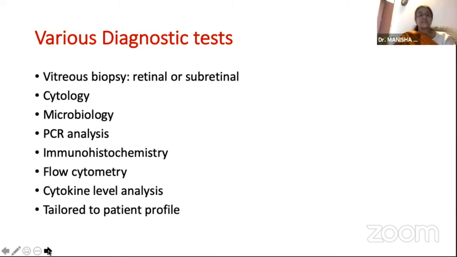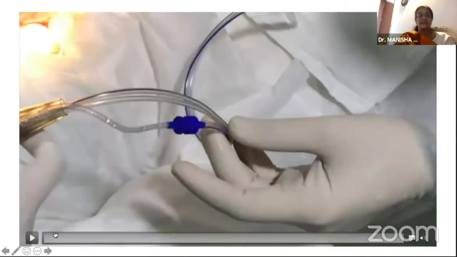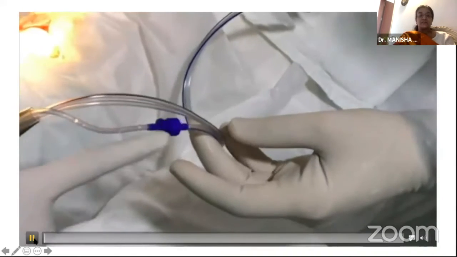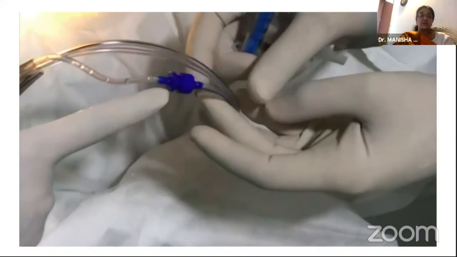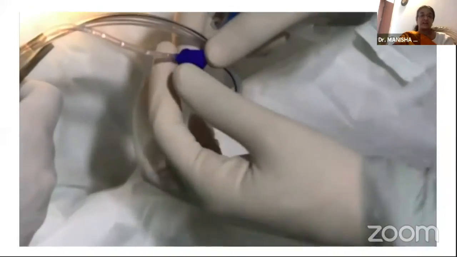Now, these are the various diagnostic tests which can be performed on the sample which is going to be collected, and we should be very clear in our mind what tests we are exactly looking for. So this is just a quick replay of what Dr. Sangeet has already shown. This is just the cutter.